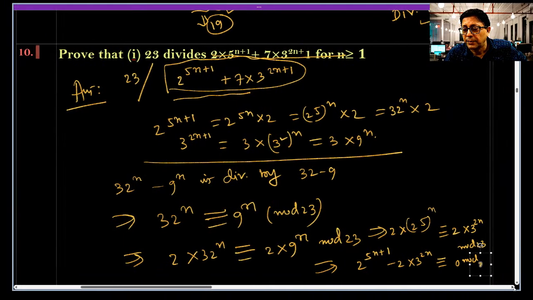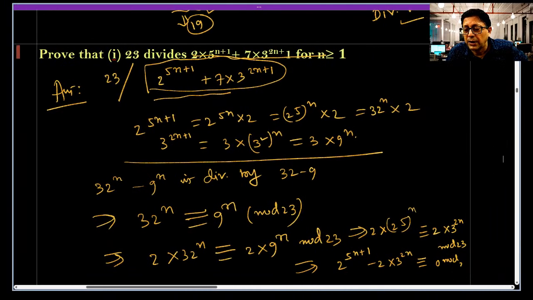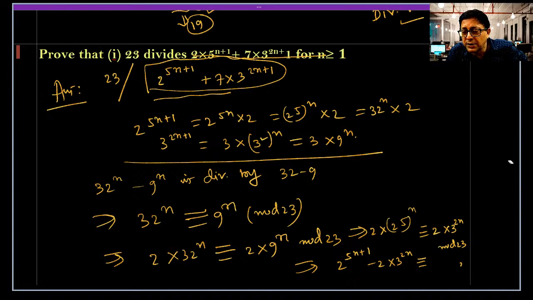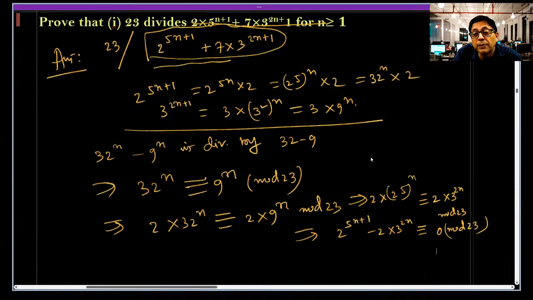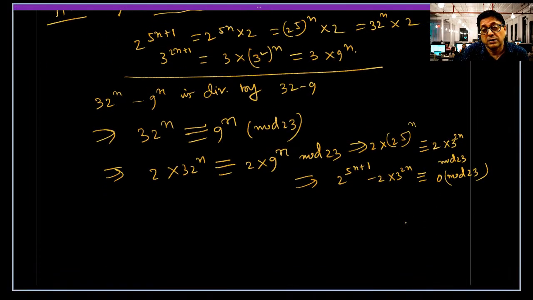Clear? This we have taken on left side, so it will be 0 mod 23.